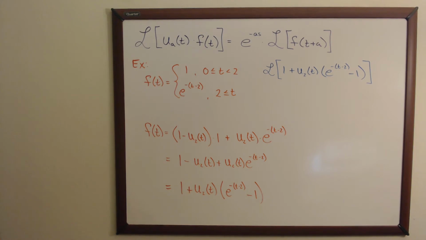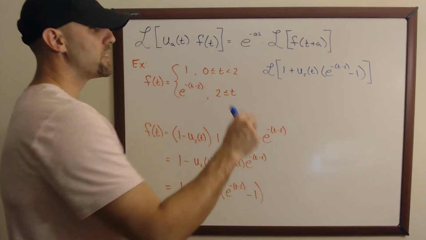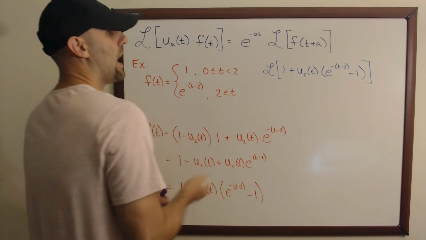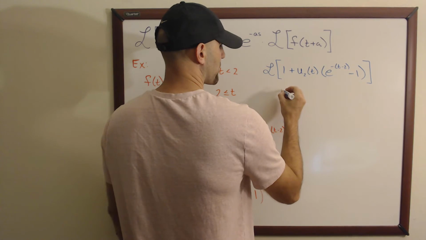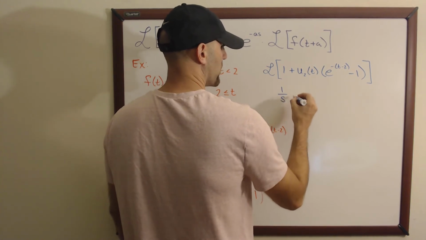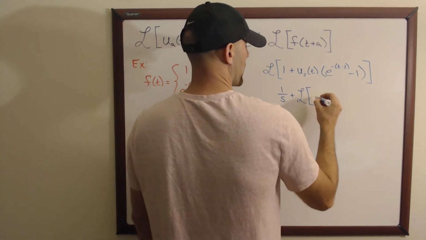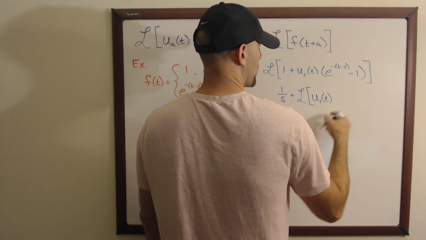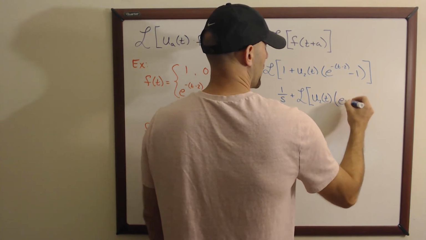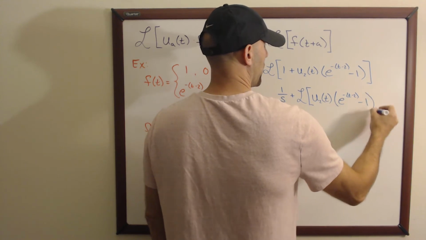But the first thing I'm going to do is remember that the Laplace transform is a linear transformation, so I can rewrite this. The Laplace transform of 1 is 1 over s, so this is 1 over s plus the Laplace transform of u sub 2 of t times e to the negative t minus 2 minus 1.